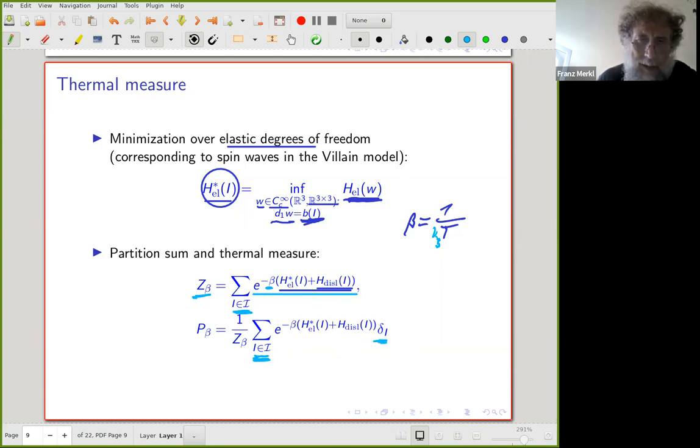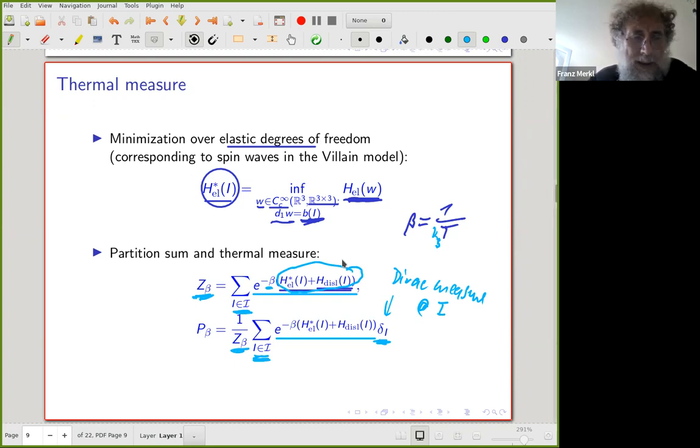So delta I is the Dirac measure at I with a probability proportional to this Boltzmann-Gibbs weight, with the normalizing constant being this partition sum over there. So it's a statistical mechanics model with this energy on dislocation line configurations on a mesoscopic lattice as an input.